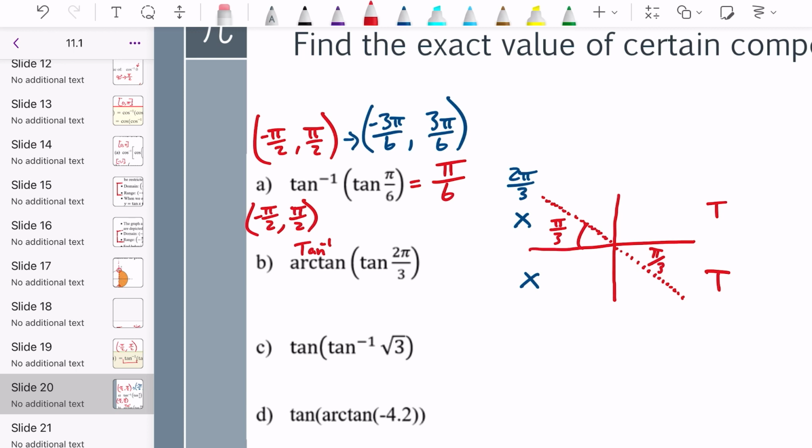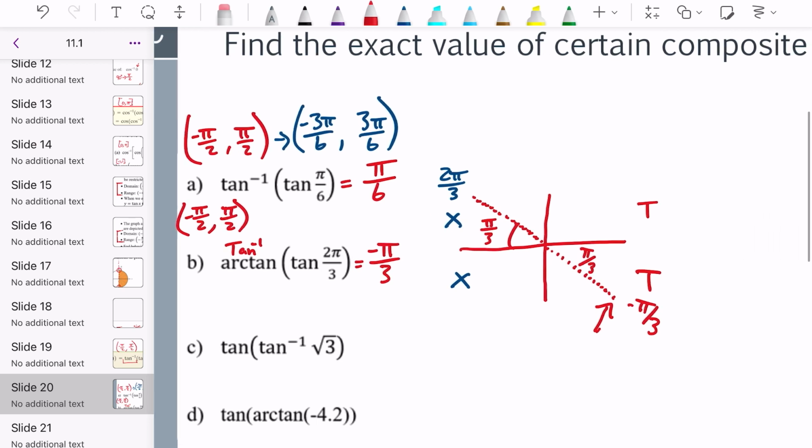Now keep in mind, if we are looking at a reference angle of pi over 3, this location would exactly be a negative pi over 3. And that would be our answer: negative pi over 3. So once again, anytime that you have a tangent trig function or inverse tangent trig function, you would be doing a reflection over the origin.